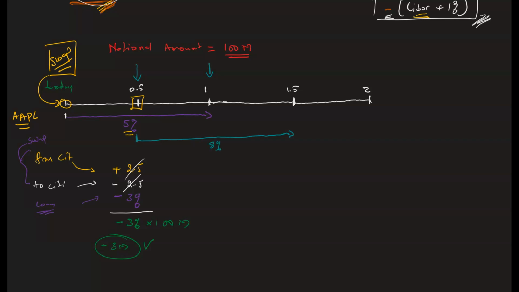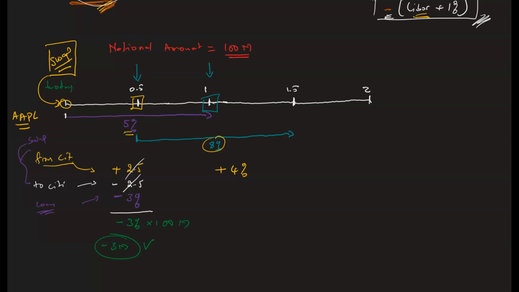If LIBOR for the next year is at 8%, what is the cash flow, the net outcome for Citi at that point in time? Well, for the second cash flow, Apple is going to be receiving 8% divided by 2, so they're going to be receiving 4%. That is LIBOR. Remember, LIBOR is 8% divided by 2 because it's semi-annually.